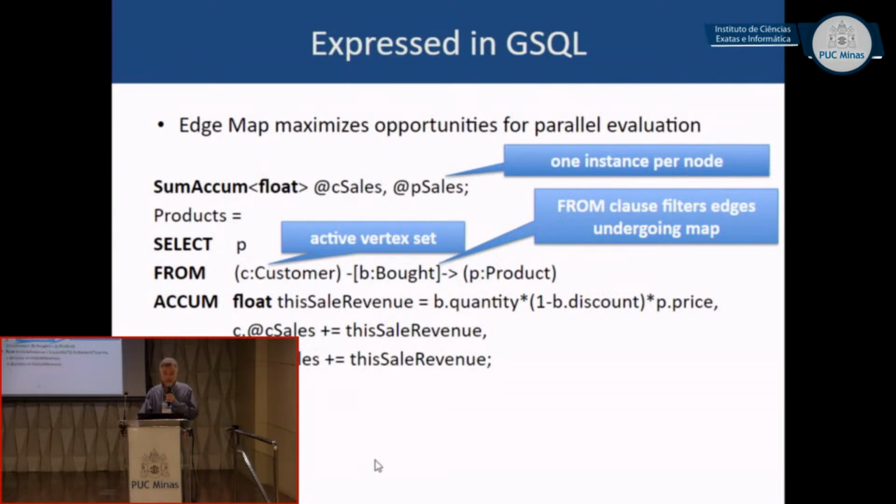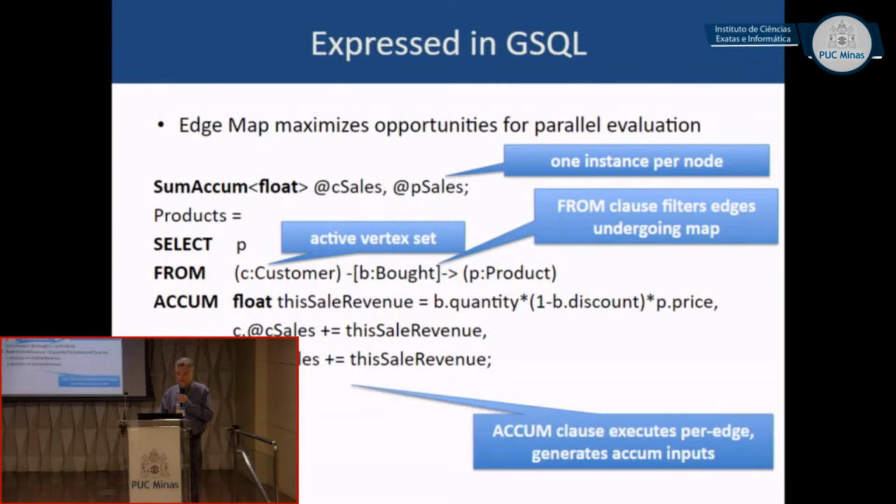And then in the accum clause, notice how we can access the attributes of the edge B and of the price node P in order to compute the sales revenue. We can also introduce a local variable here so that the value of this variable is going to be written into the C sales accumulator at the node C and into the P sales accumulator at node P. Okay, so this accum clause is really the edge map function.